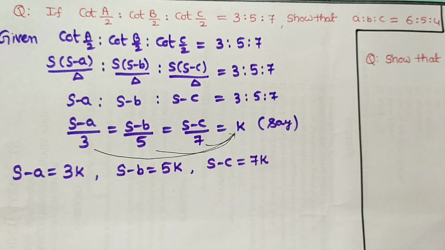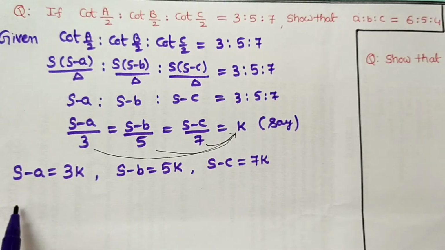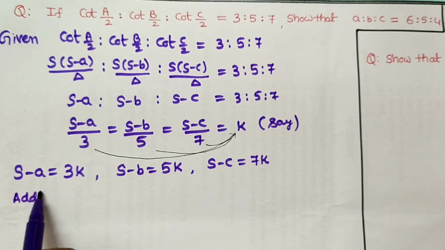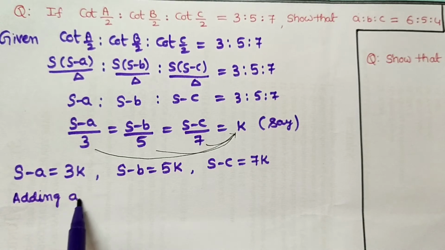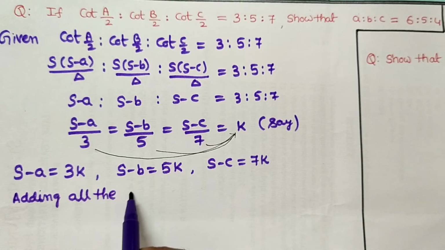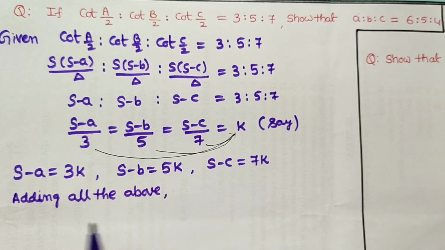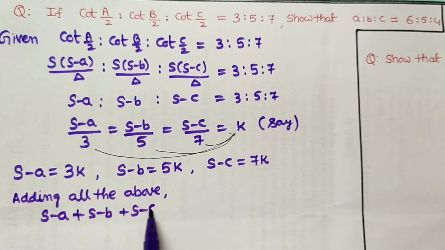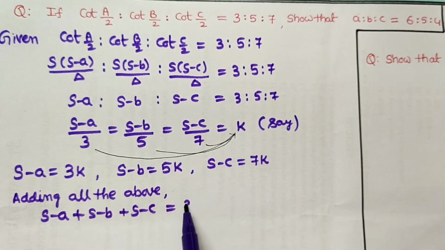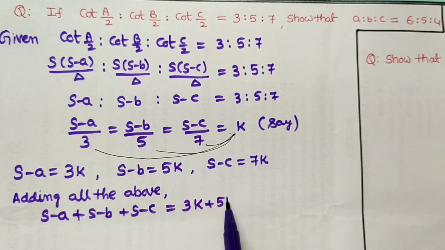So I want to get the value of s and k values. So now if we add all the three above, S minus a plus S minus b plus S minus c equal to 3k plus 5k plus 7k.